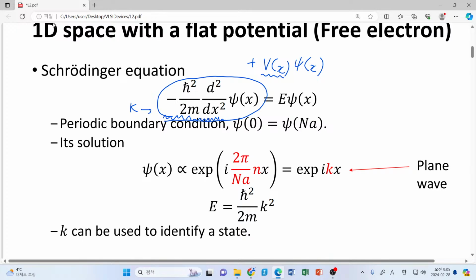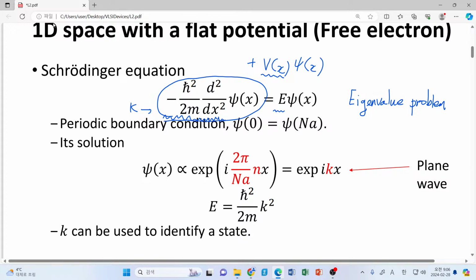The sum of the kinetic energy and potential energy can be regarded as the total energy of this electron, and that number is equal to a certain energy, written here as E. So this Schrödinger equation can be regarded as an eigenvalue problem.